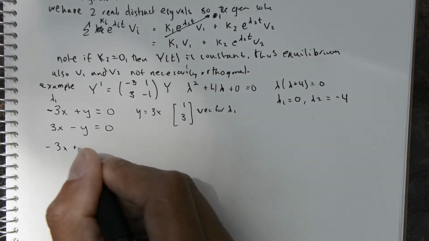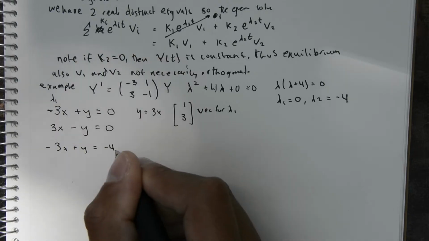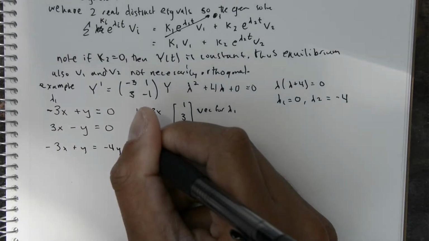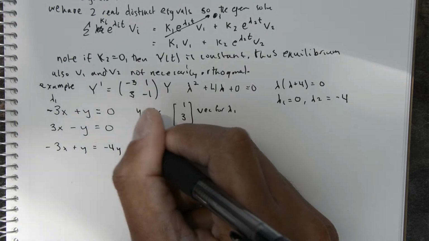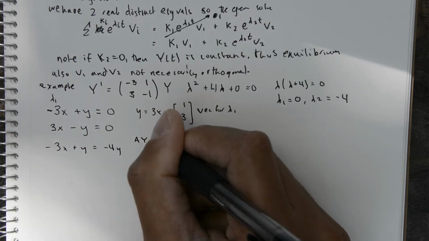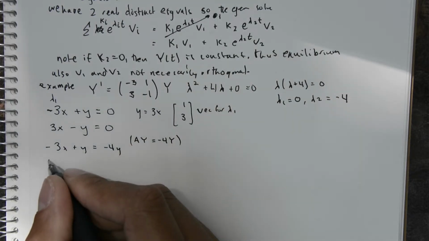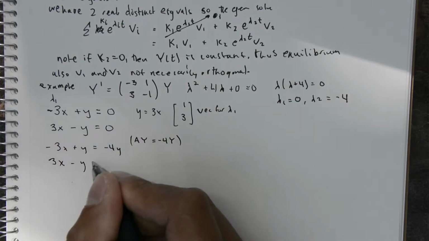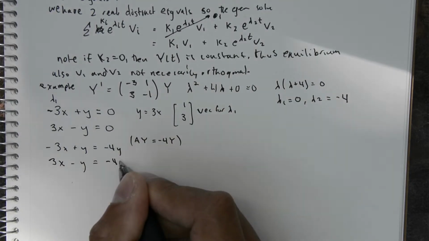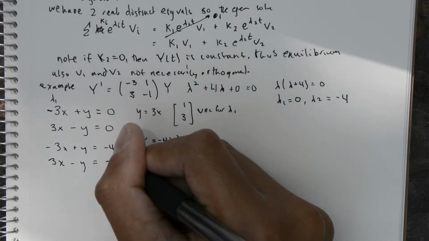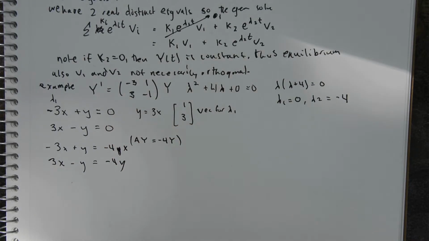Then for lambda 2, minus 3x plus y is equal to minus 4x. Or wait, what am I doing here? x, y. I'm still thinking about the harmonic oscillator.